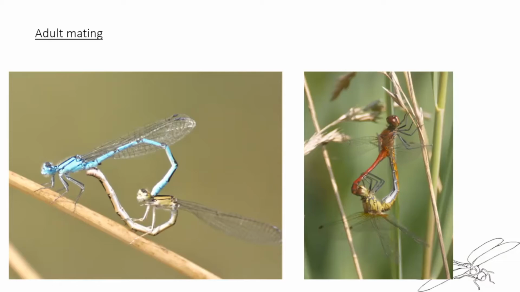There's a more sophisticated method which we all think about, which is passing on our genes. So if you see the large ones, it's generally the dragonflies like this.